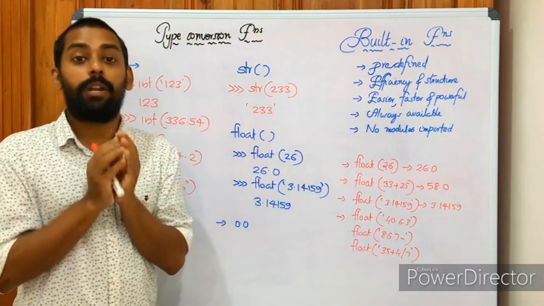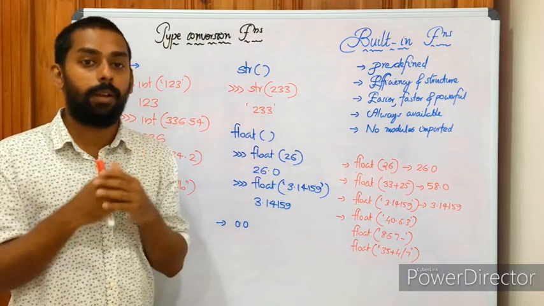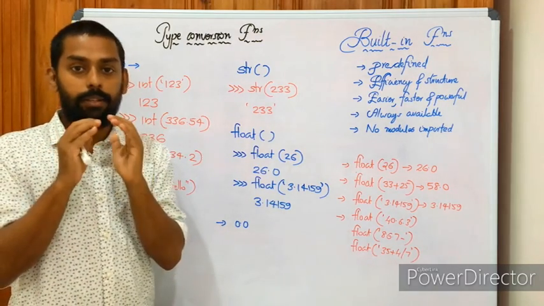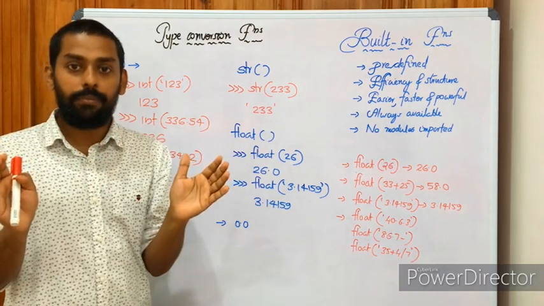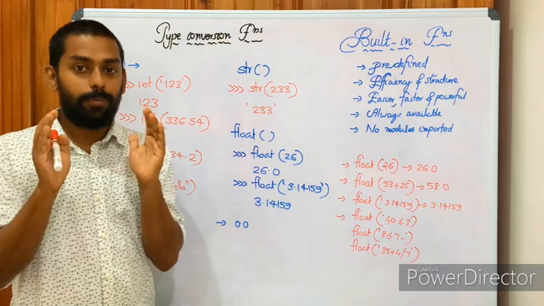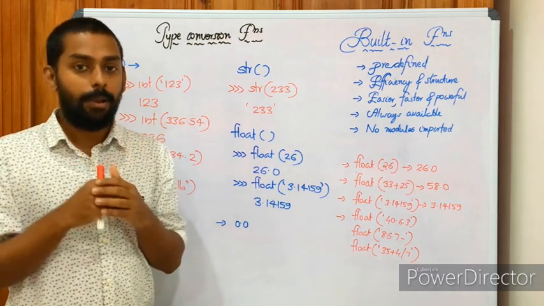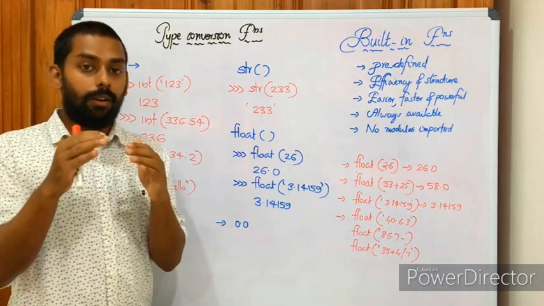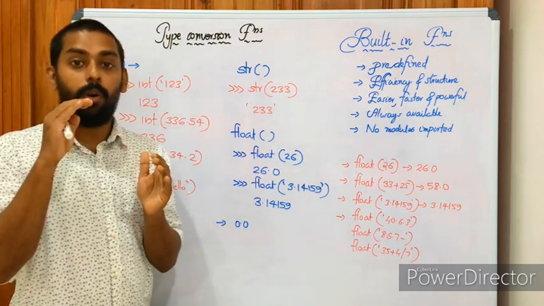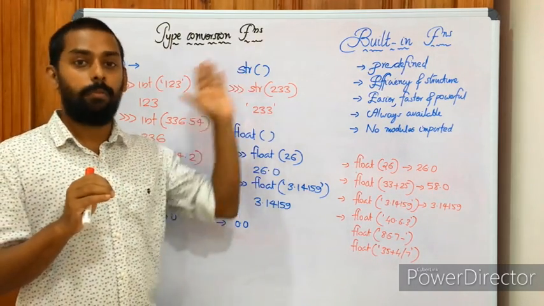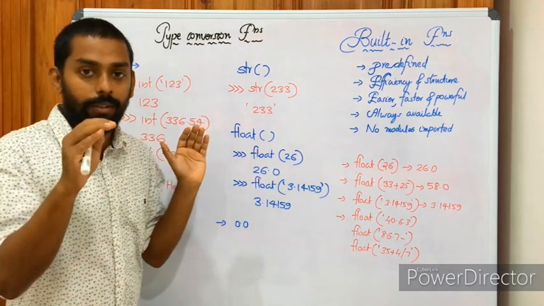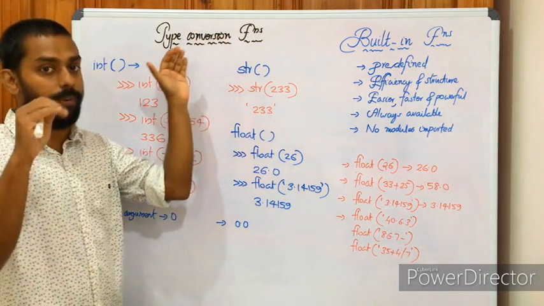Built-in functions are predefined functions already available in Python, and this gives efficiency and structure to a program. They make the program easier, faster and powerful, and we don't have to import any new module to work with them. Now we can look at type conversion functions.